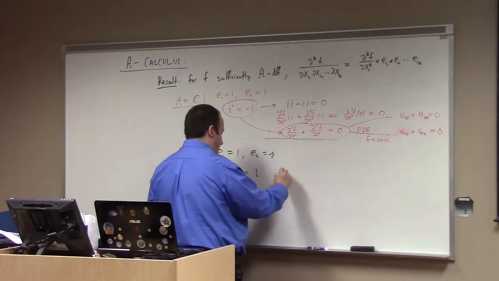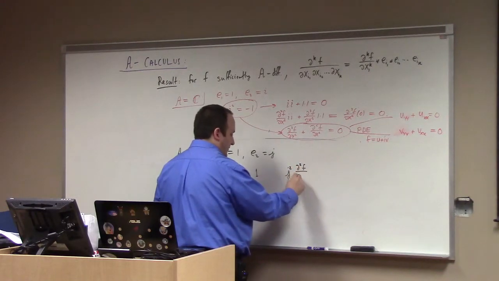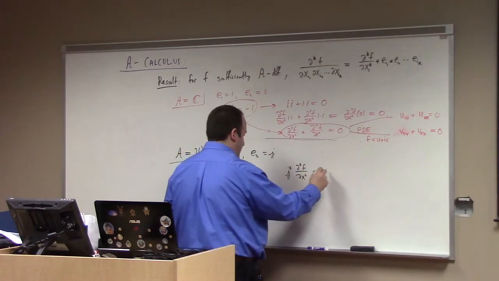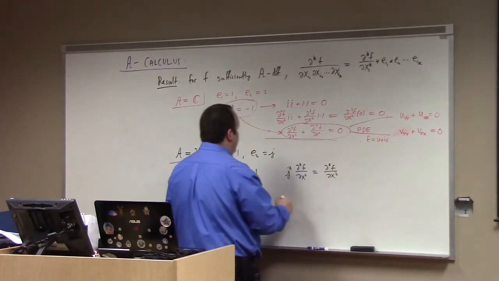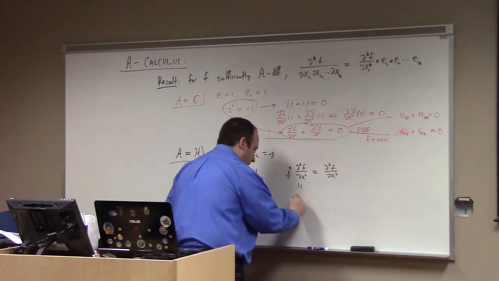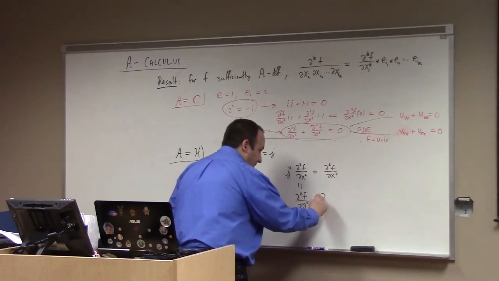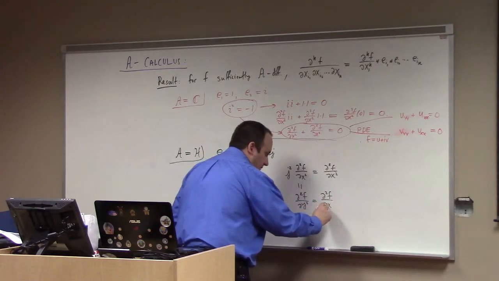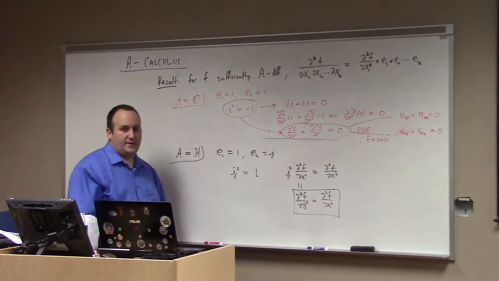I could look at it as j squared times partial squared f partial x squared equals partial squared f partial x squared. And then using this result, this translates into, for a hyperbolic differentiable function, partial squared f partial y squared. So there you go. This is the sort of Laplace equation for the hyperbolic numbers.